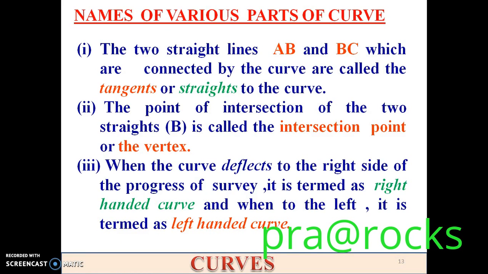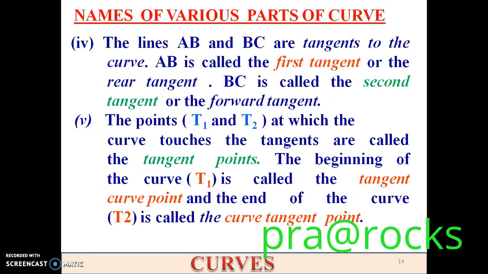So these various parts of the curve are discussed again in detail. AB and BC form the tangents, and B is the intersection point or the vertex. When the curve deflects to the right side of the progress of the survey, it is termed a right-handed curve, and when to the left, a left-handed curve.